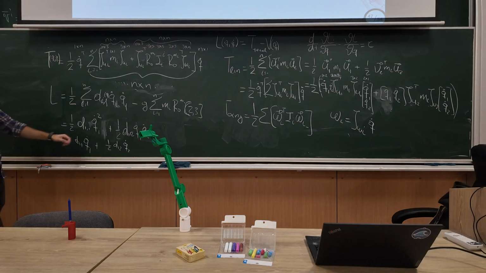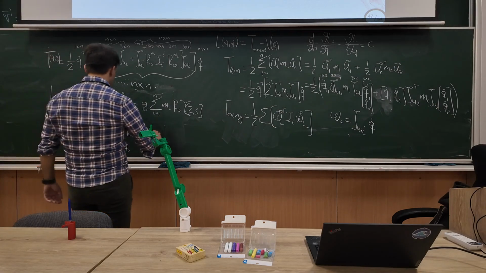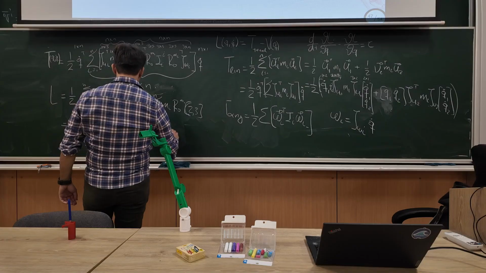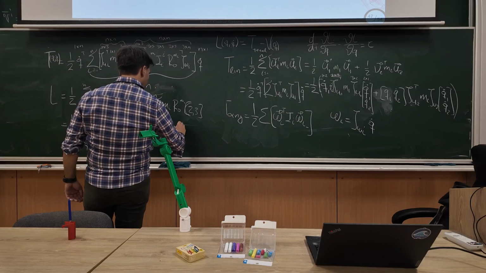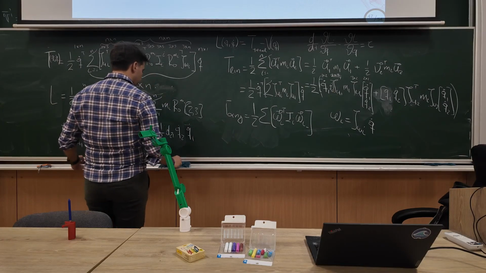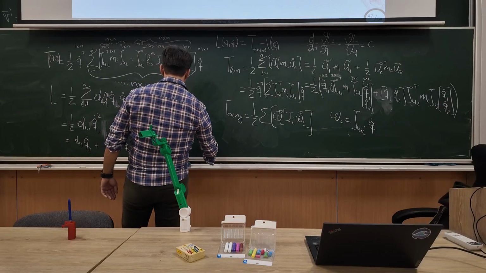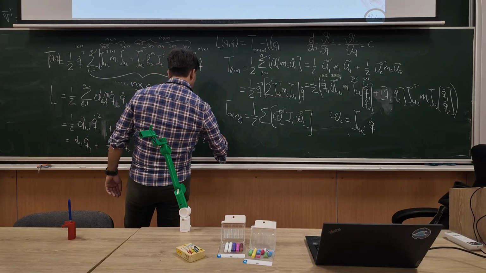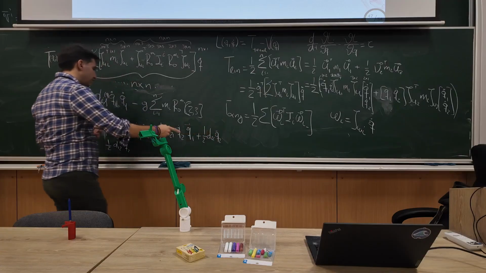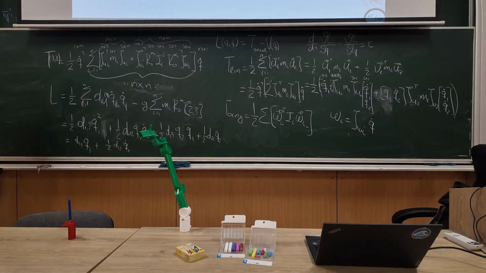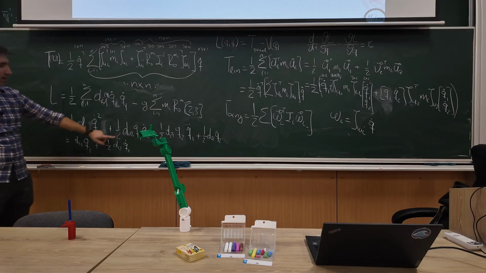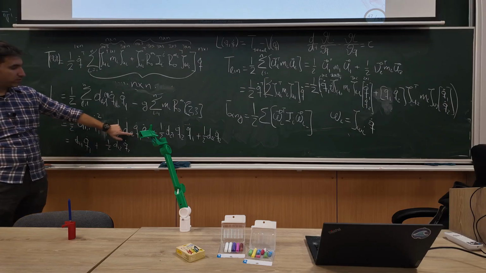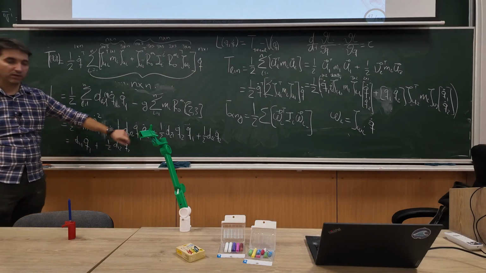So this is this plus 1 over 2 d21 q2 dot q1 dot 1 over 2 d22 q2 dot, and I derive this with Q1. It's a mistake I'm doing, right? So if I derive this with Q1, I will have 2 times this thing, D11 Q1 dot, right? I will have 1 over 2 D12 Q2 dot, right?